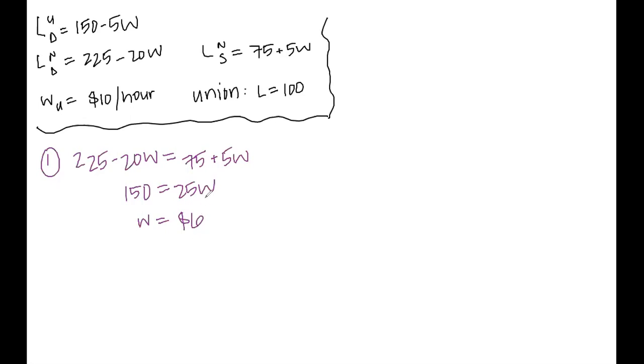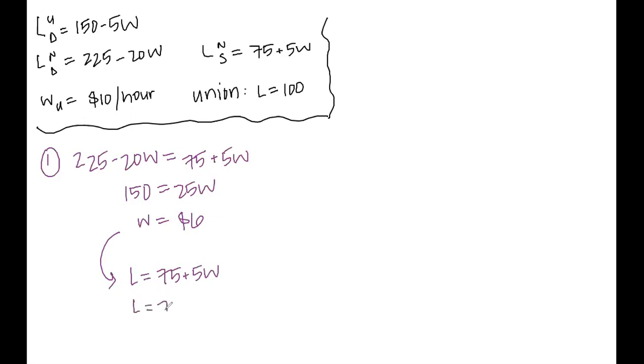As I said before, in equilibrium, we can plug this back into either equation since wage and labor are the same for supply and demand. I'm going to plug it back into the supply equation. So labor equals 75 plus 5W.